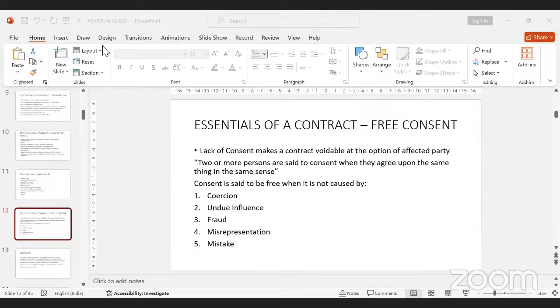Again, misrepresentation is also the same as fraud, that means false information. But in fraud, that false information is intentionally given. In misrepresentation, false information is unintentionally given. Mistake, again, mistake as to the existence of the object. So all these things, if they are there, then the consent is not said to be free.